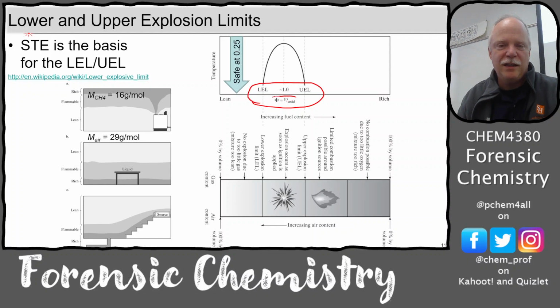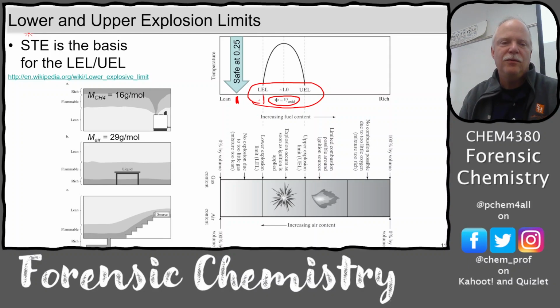So when phi is equal to 1, that's when it's explosive. They typically say at 0.25 that it's safe. It's not. It's somewhere between the explosive and safe level. There's some risk of a large fire, okay? But below 0.25, it won't sustain combustion. So it's not even a fire risk.